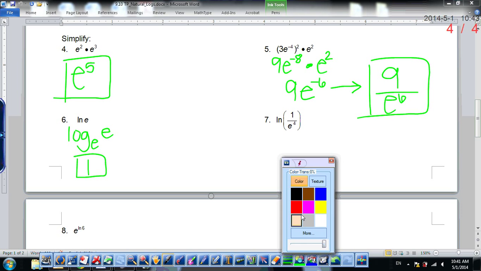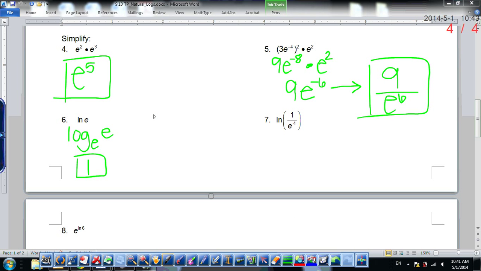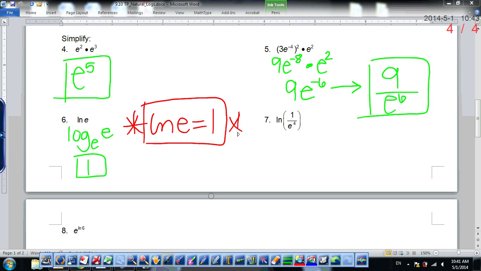This is a property you want to memorize. The natural log of e is always equal to 1. The reason is it's log base e of e. Everyone okay with that? So you don't have to write log base e equals 1 if you were to give the answer. The answer to this problem is 1.